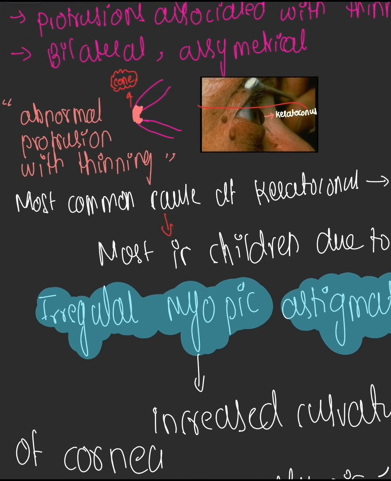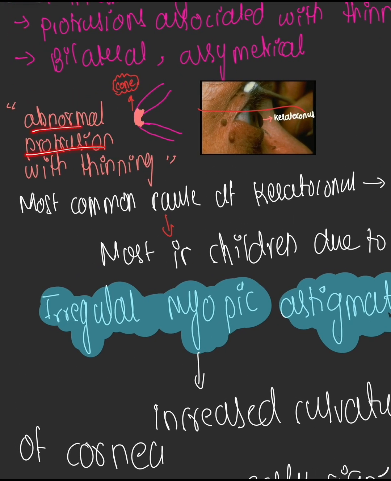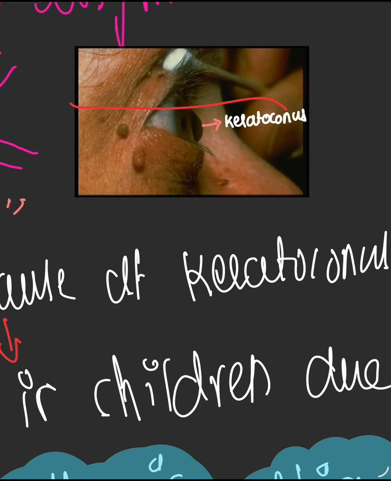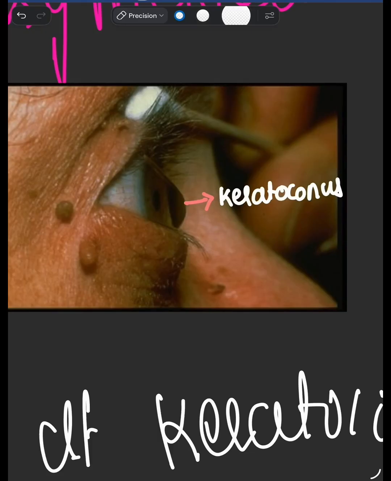So it is an abnormal protrusion with thinning. We can see this is the abnormal protrusion of the cornea with thinning, and this is called keratoconus.